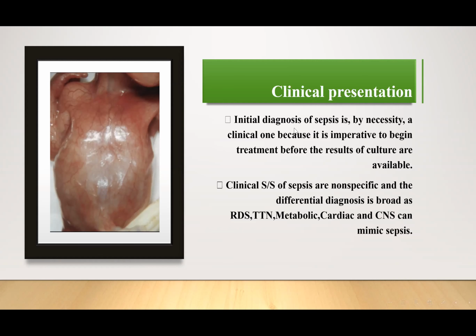Okay, so the initial diagnosis of sepsis is clinical, and it is imperative to begin the treatment. This is very important. If we suspect sepsis, you need to collect the investigations and start treatment on the spot. Why? Because it is not like adults.